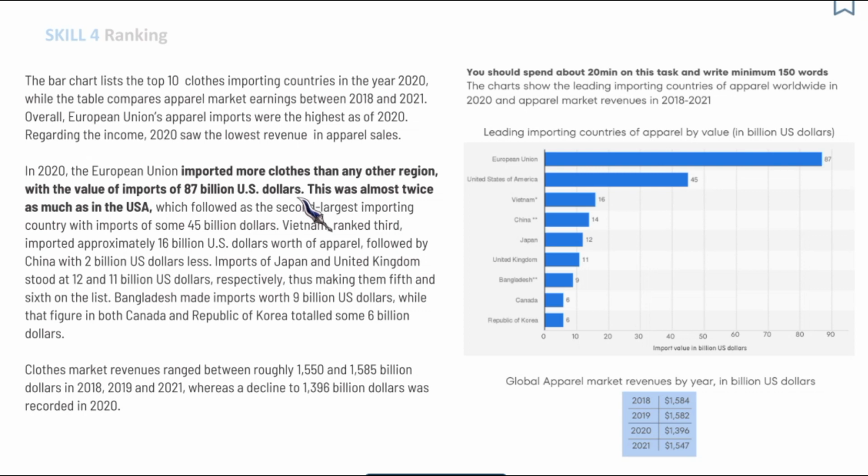And then I made a comparison of this figure, 87 billion, with the next figure, 45 billion. So not only did I make a relevant comparison, but also this comparison kind of shows a transition between 2 pieces of information, between 2 countries, the leading and the second leading importer.